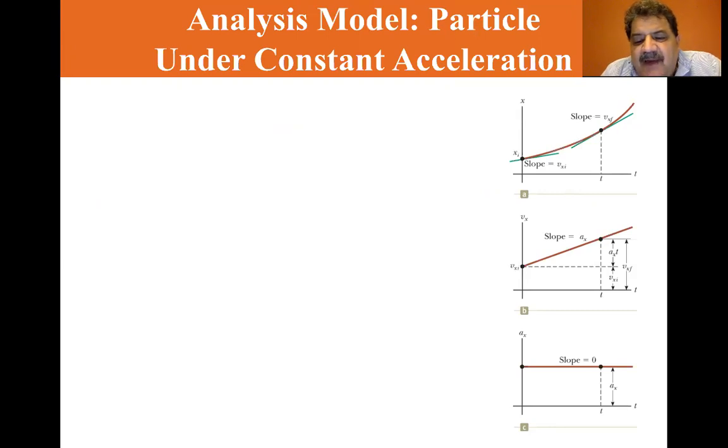Replace ax average by ax, and take t initial equals 0 and t final to be any later time t to get the acceleration. So acceleration is vx final minus vx initial divided by the t interval.